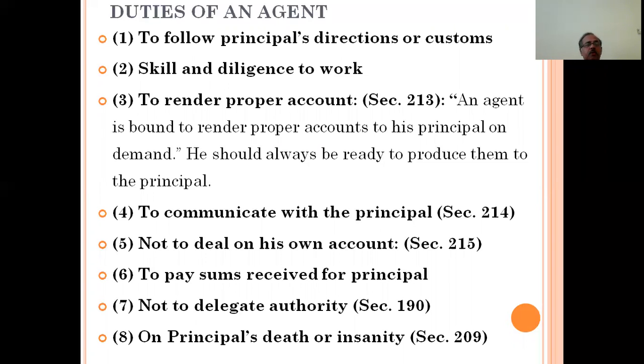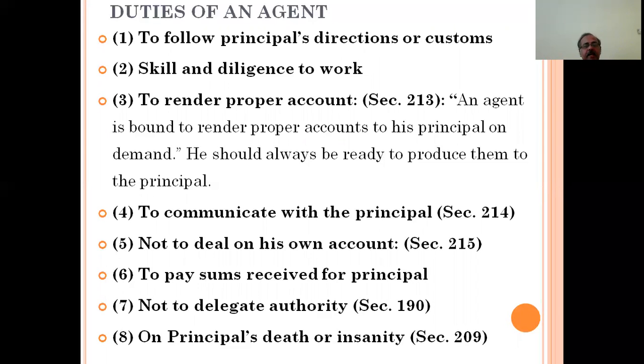First one is to follow principal's directions or customs. It is a duty of the agent to follow the instructions or directions given by the principal, and the agent is required to follow only the directions and instructions given by the principal.